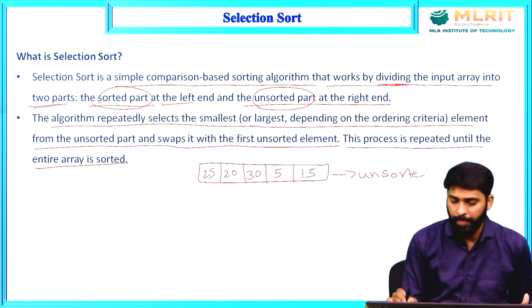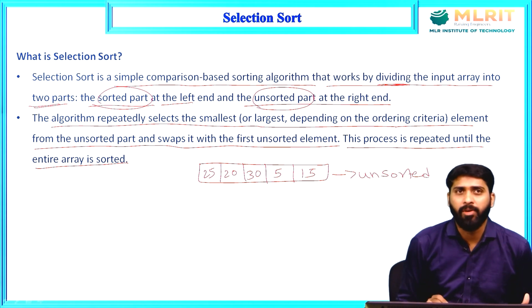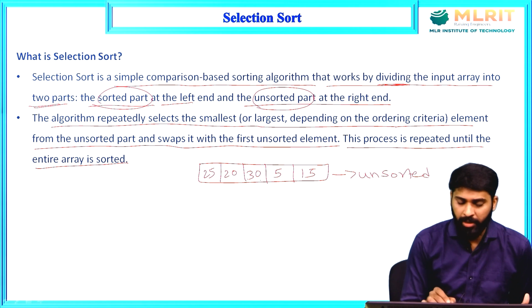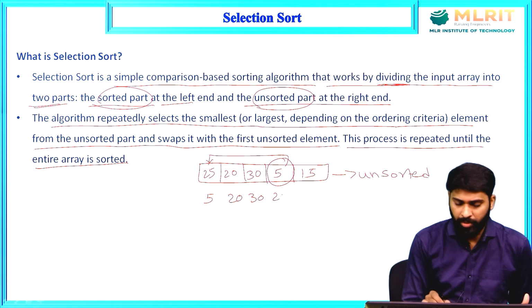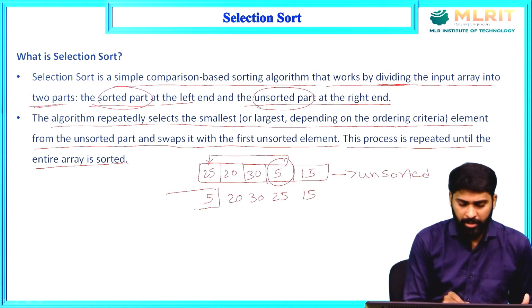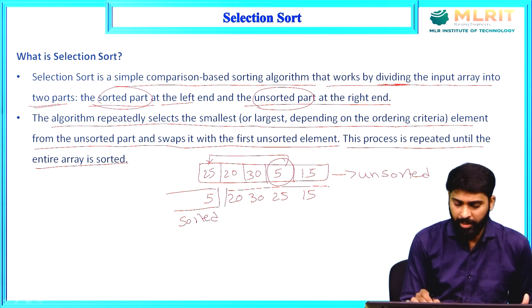After the first iteration, the smallest element is 5, which is swapped with 25. So we get 5, 20, 30, 25, 15. Now the left hand side is the sorted array and the right hand side is the unsorted array.